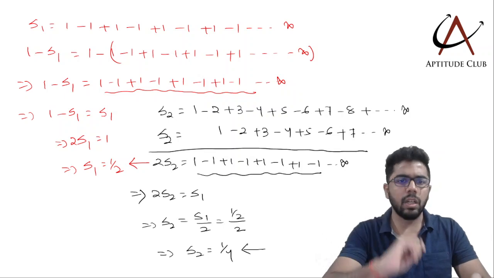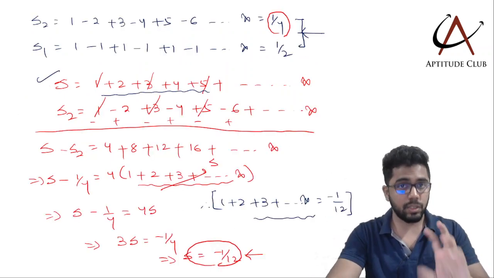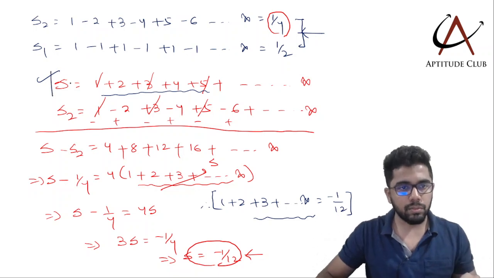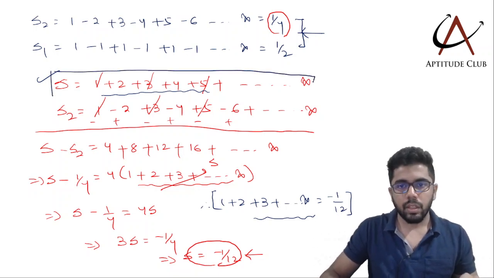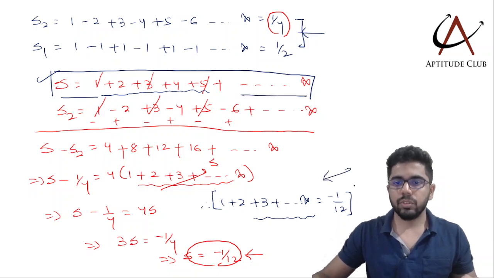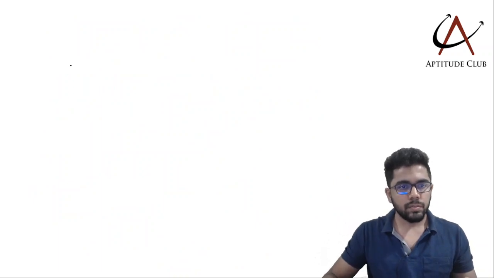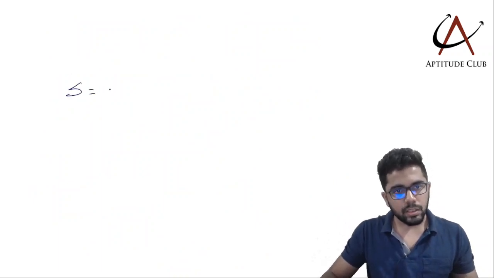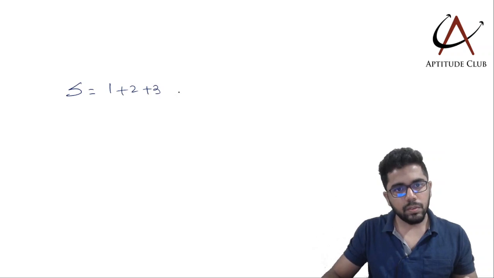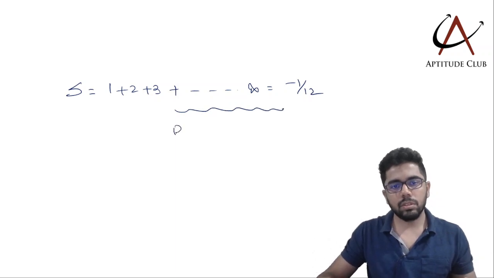Grandi's series S1, and from there I got to S2, and from S1 and S2 I got to S, which is my actual sum that I wanted to derive. Minus 1 by 12. Very interesting. So S, 1 plus 2 plus 3 till infinity, I got it as minus 1 by 12. Ramanujan's summation.